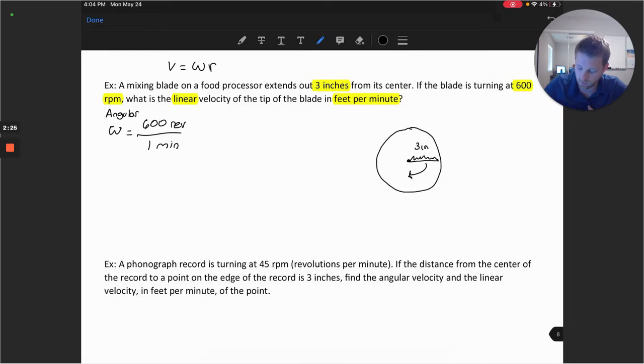One revolution, in terms of a circle, is 2 pi radians. To go all the way around our circle is always 2 pi radians. And so we can convert this omega to radians per minute using this small conversion. So we can say equivalently, omega can be written as 1200 pi radians per 1 minute.